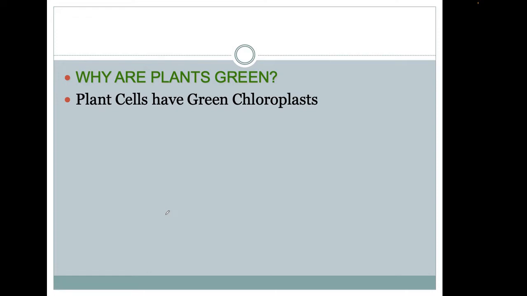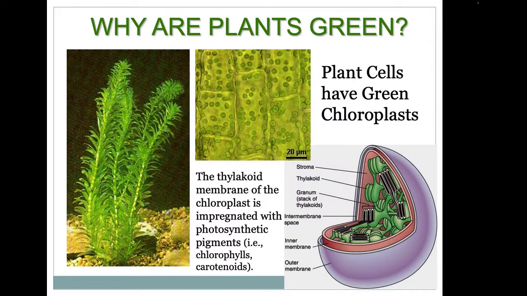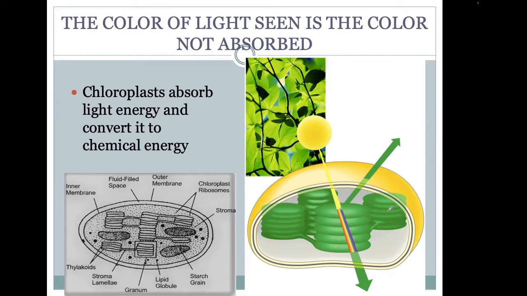All of you know about this. You can see in this diagram, they are green in color. These are the internal structure of the chloroplast. These are the three-dimensional chloroplast structure. Then we will discuss this.